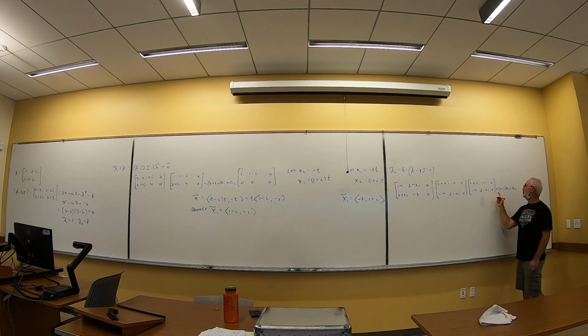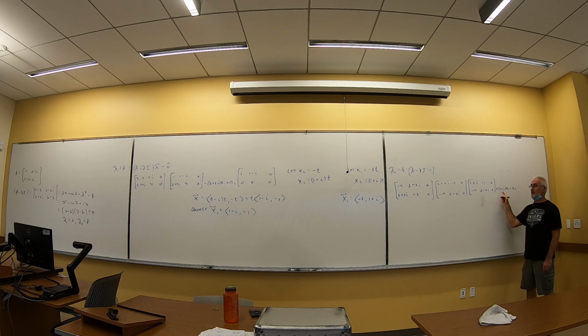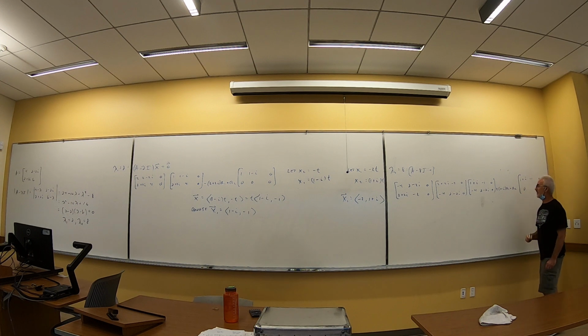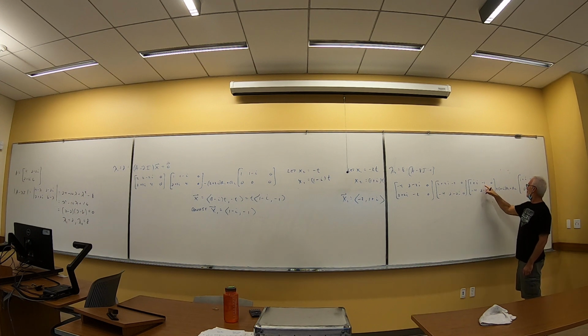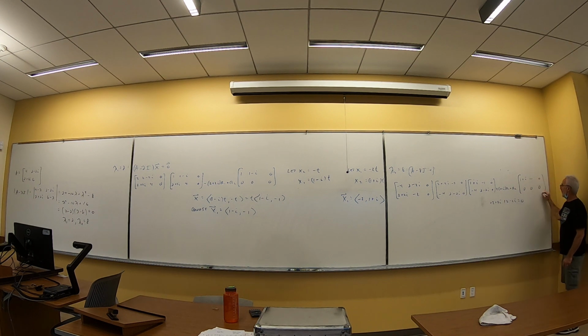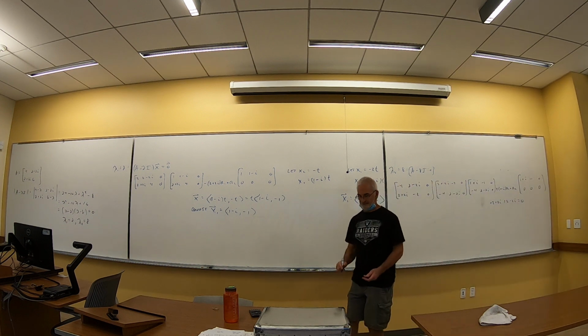So 1 minus i times 1 plus i, we just said that equals 2. So if I do 2 times that, that's 4. And clearly then I'm going to have a 0 there. Now, I'm going to go 2 times 1 minus i. That means it's going to be -2 plus 2i. And now I'm going to add it to 2 minus 2i, and that's obviously 0. That one worked out pretty well. So now we're going to parameterize this guy.